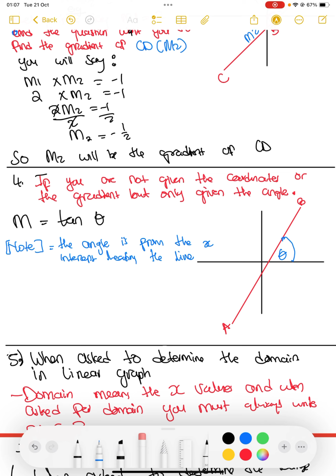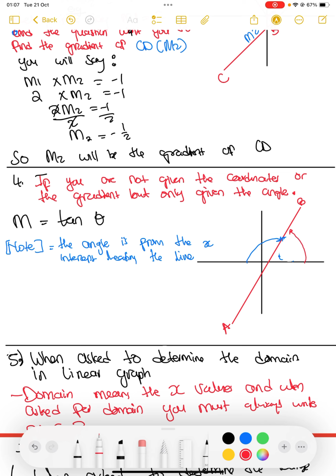But note that when you're getting the gradient of that line, if you were not given the angle here, maybe you were given the angle on this side, the only way to get the gradient is that you always work from this side.